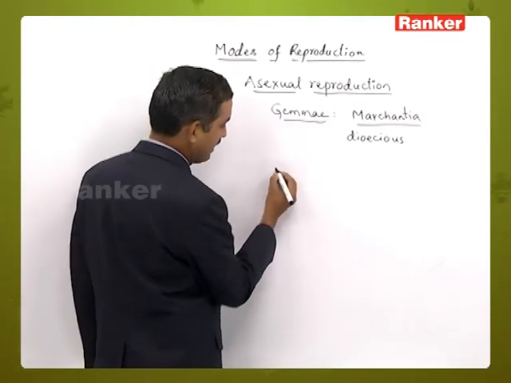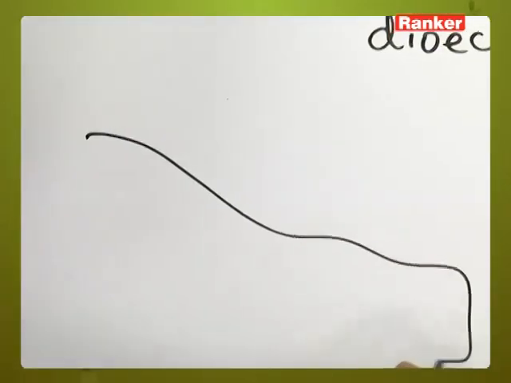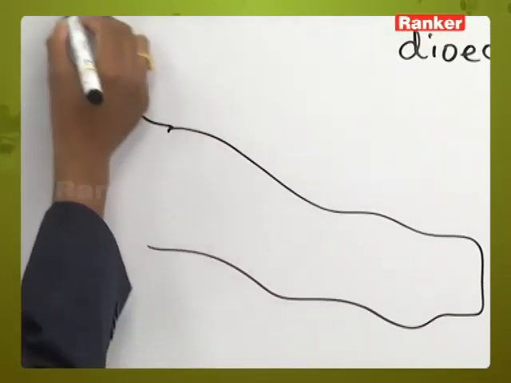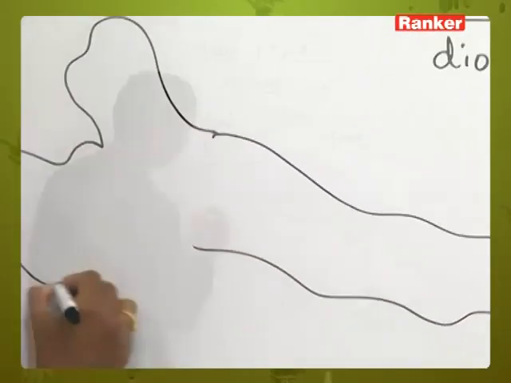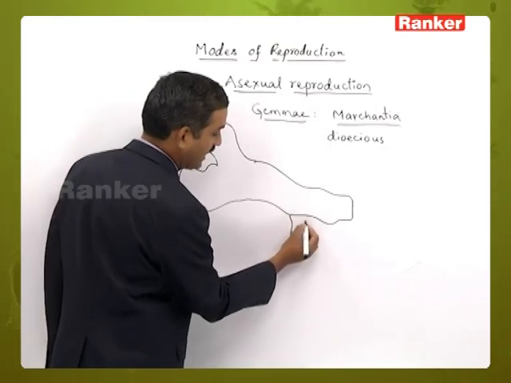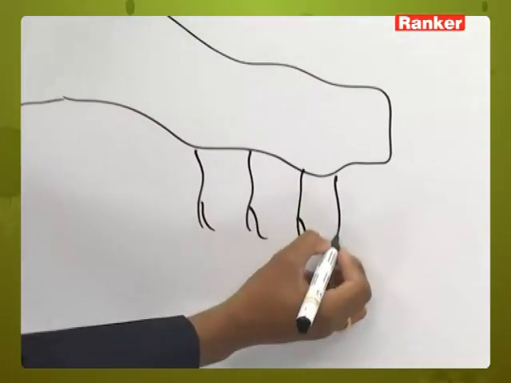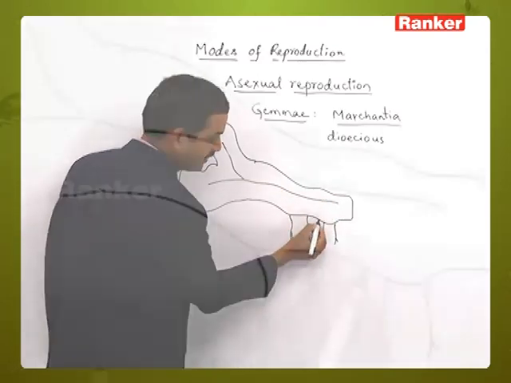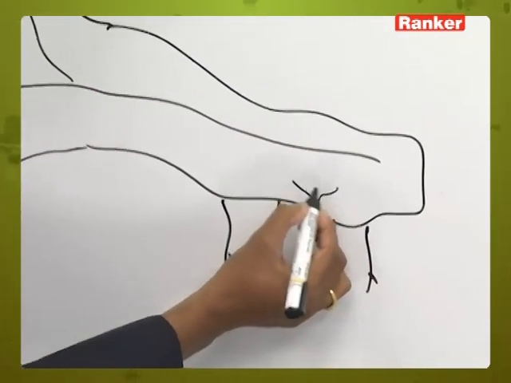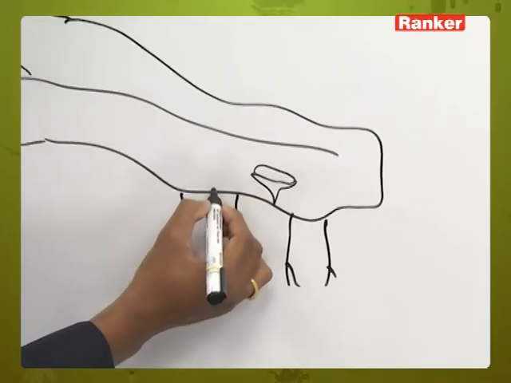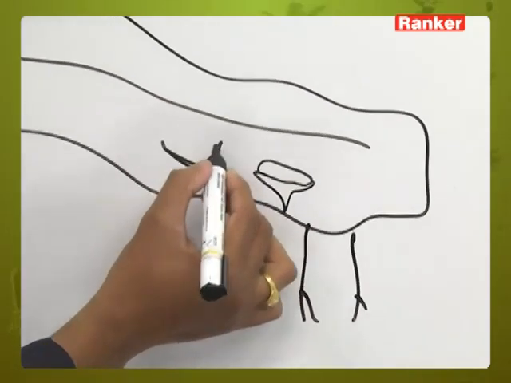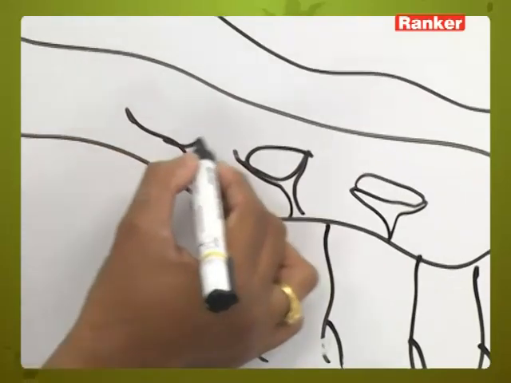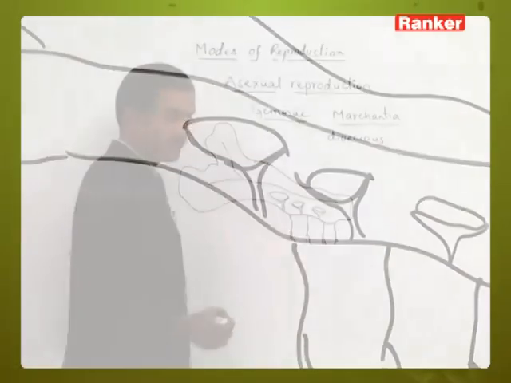Consider this as a prothallus. On the lower side of the prothallus, the rhizoids are present. Then on the upper side, we can observe some receptacle-like structures. These are called as receptacles, or we can call them gemma cups.